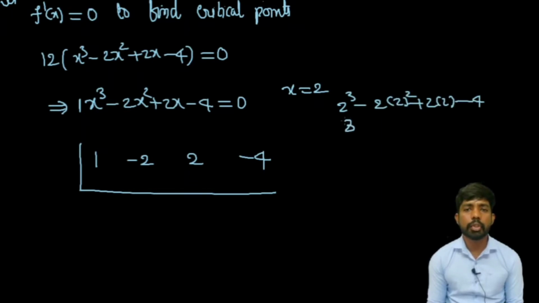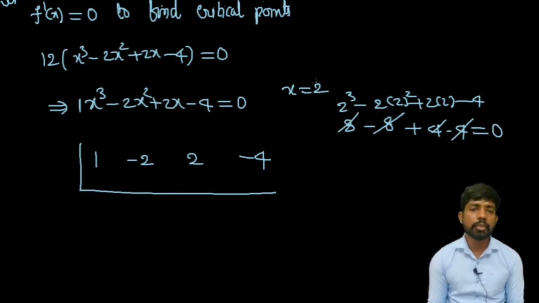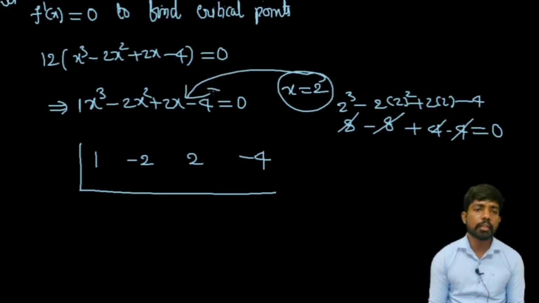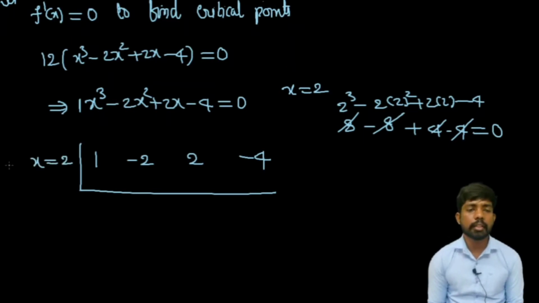So 2 cube is 8, minus 2 2s are 4, 2 4s are 8, plus 4 minus 4. 8 minus 8 gets cancelled. Therefore, if I substitute x is equals to 2 in this equation, then you are getting 0. Therefore, x is equals to 2 is the root of this equation. So I am considering x is equals to 2.